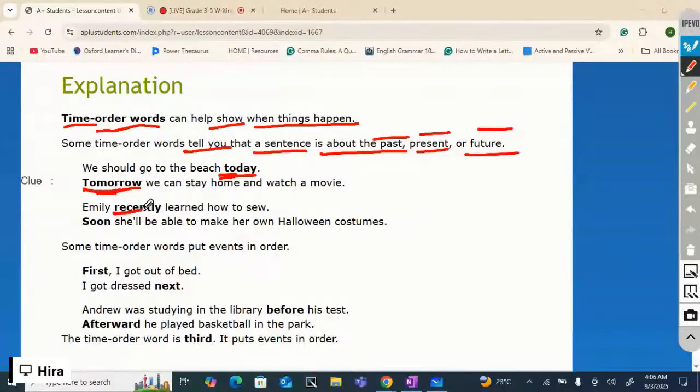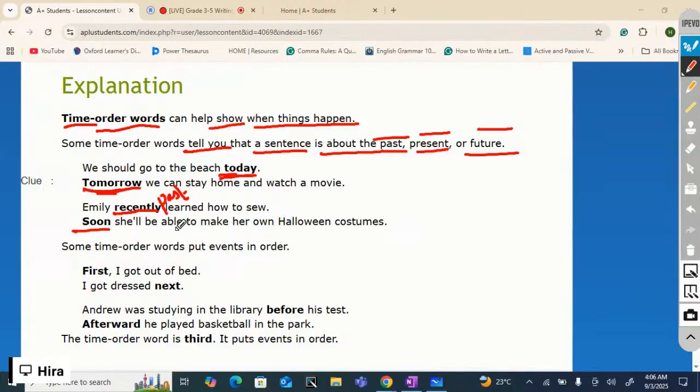Emily recently learned how to sew. Again, recently is the time order word which shows when things happen, or tells that a sentence is about past, present, or future. So this one, recently, tells about the past.